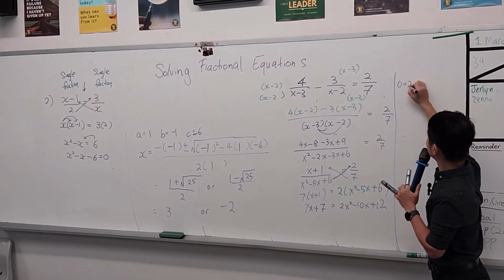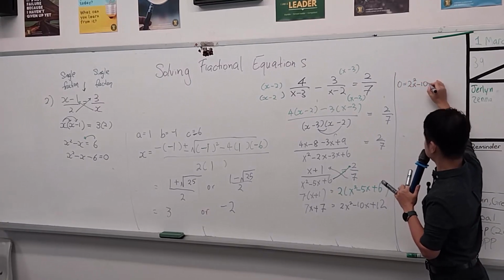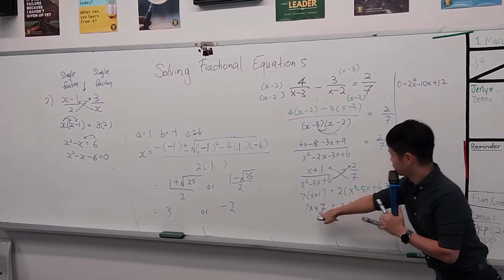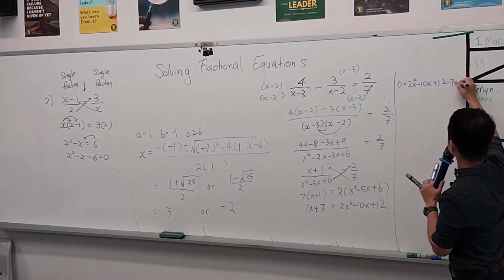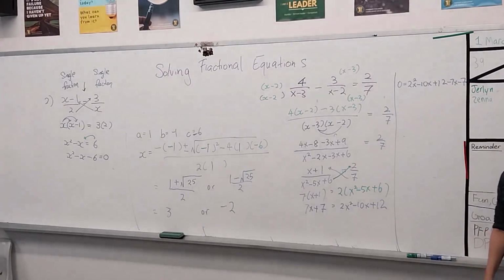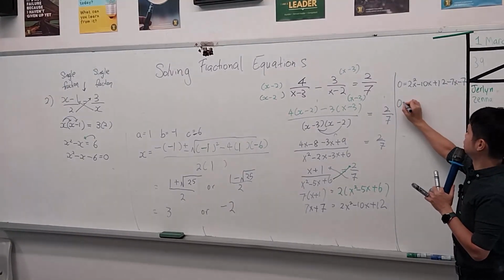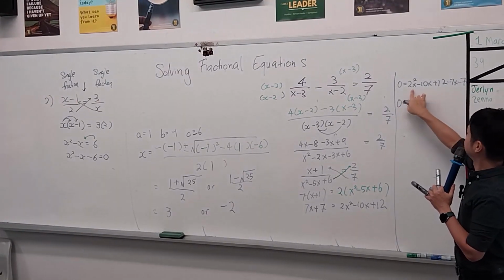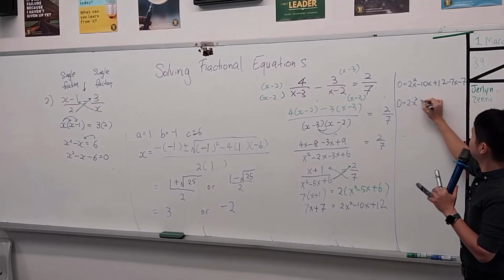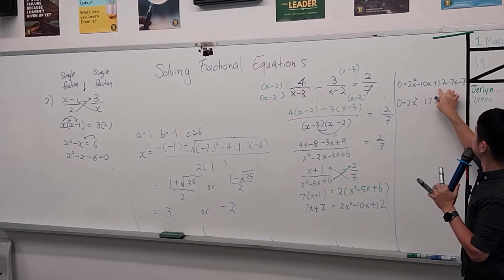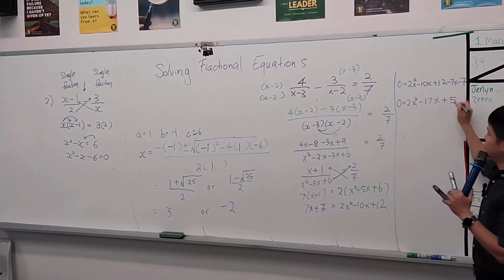We will have 2x squared minus 10x plus 12 minus 7x minus 7. And now we get the quadratic equation, 2x squared minus 17x plus 5.